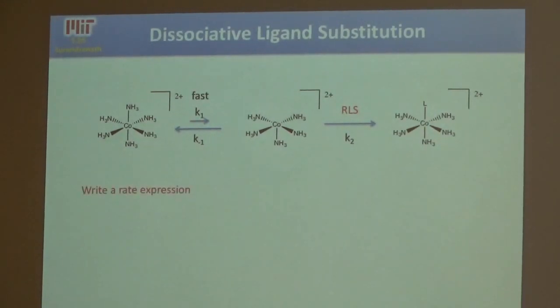So now I'm going to ask again for you to take a moment and write a rate expression for this sequence. This is obviously a little bit more complicated, because the logic is still that we begin with what are the reaction participants in the rate limiting step. And because that is an intermediate, we need to rewrite that in terms of starting material. So if you follow that logic, take a few minutes and write out a rate expression for this sequence, and then we'll discuss it.